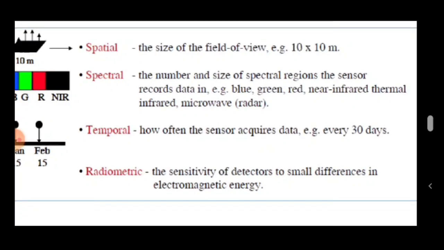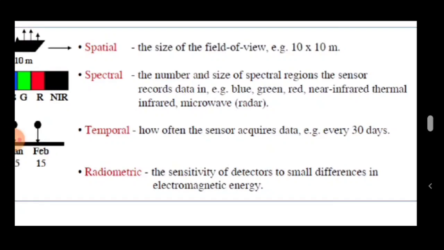And temporal resolution describes how often the sensor acquires data. This deals with the repetitivity of the sensor. When a sensor covers the same area after a certain time, we describe its temporal resolution according to that period of time.